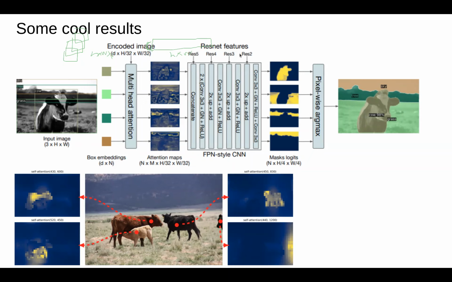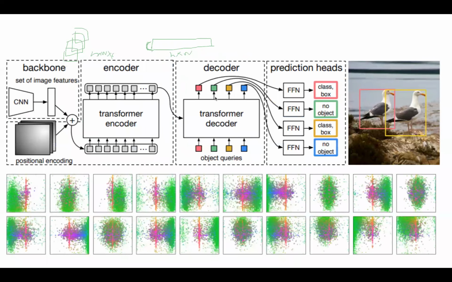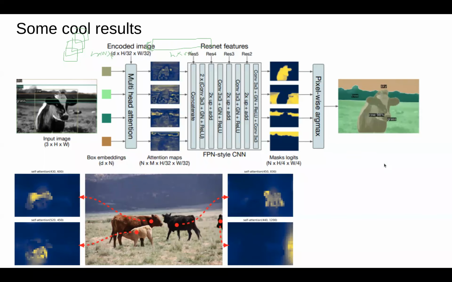Then you pass those through a ResNet feature, and you get this finally, which looks a lot like segmentation of different aspects: the cow, the ground, the bush line behind it, and the sky. You basically get a pixel-wise classification here, which is just segmentation. So you're using the same architecture to do segmentation.